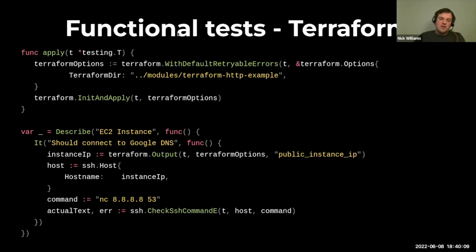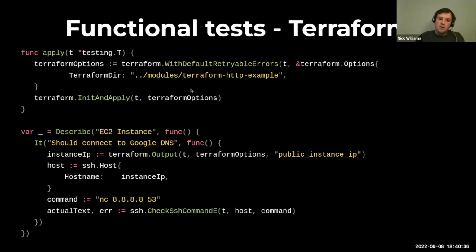So here's some examples of the changes we might need to make to write some functional tests in Terraform rather than with Helm. So you see, we still have an apply method, but now rather than doing a Helm install, we might do a Terraform init and apply, right? This doesn't look massively different from the code before. Similarly, if you're testing a HTTP service, your code probably doesn't change at all. You're just making a HTTP request.